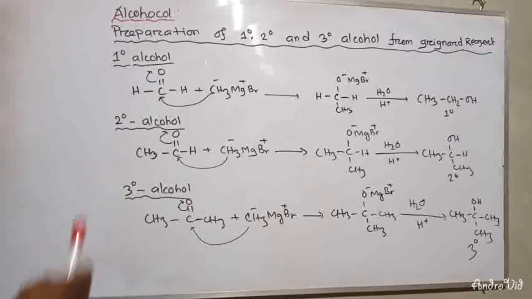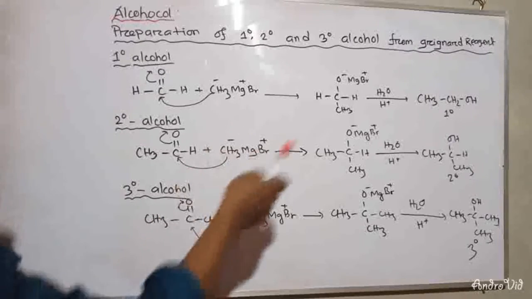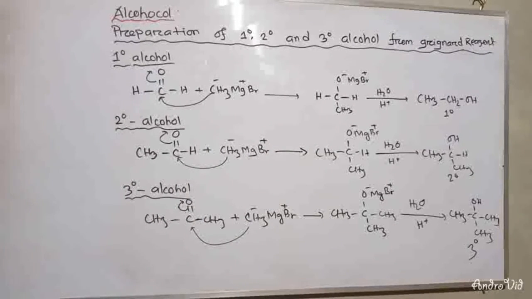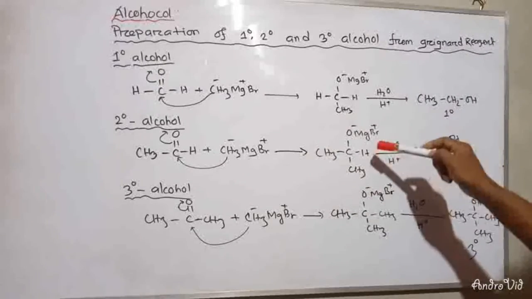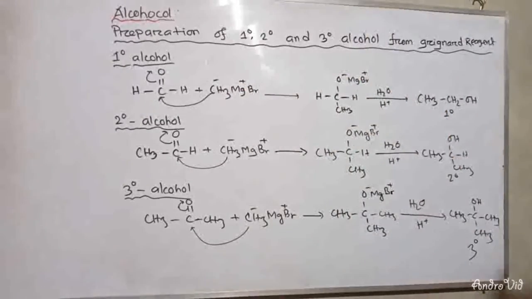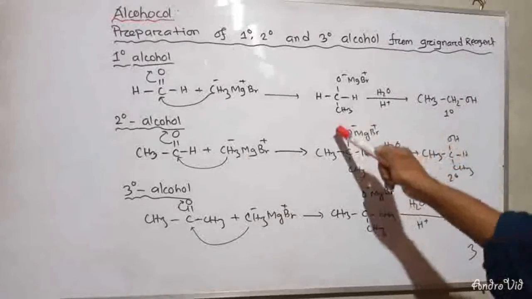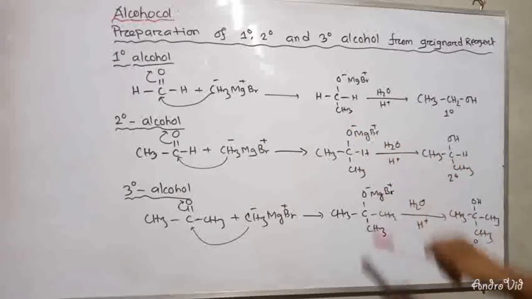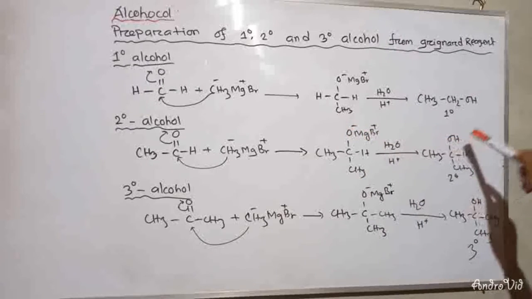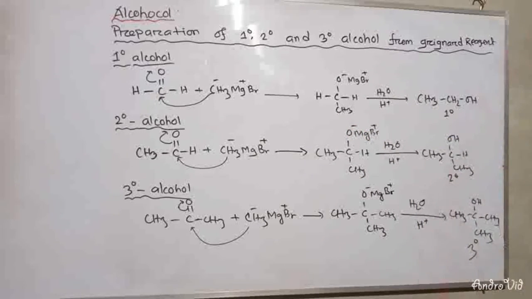Okay, if you use ethanal here when it reacts with Grignard reagent methyl magnesium bromide, then this type of product will be produced, just like the mechanism of 1 degree alcohol, and then you have to hydrolyze this portion by using a slight amount of acid, then this portion will be converted to OH. Okay, so these will be the product.